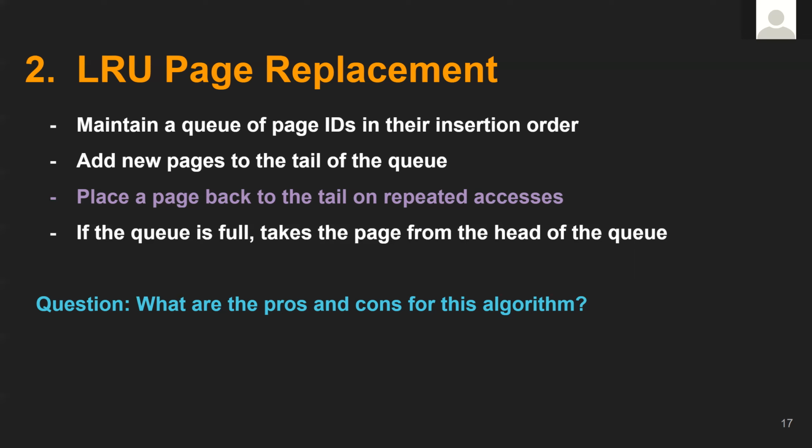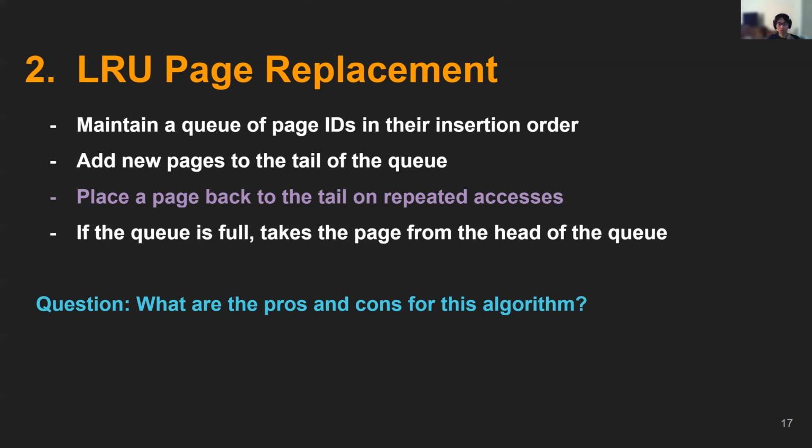But here, if you are using it very frequently, it will not be evicted soon. Yeah, right. So what you said is that compared to FIFO, LRU has less probability of evicting pages if the page is accessed more frequently. So it follows the locality property very well.